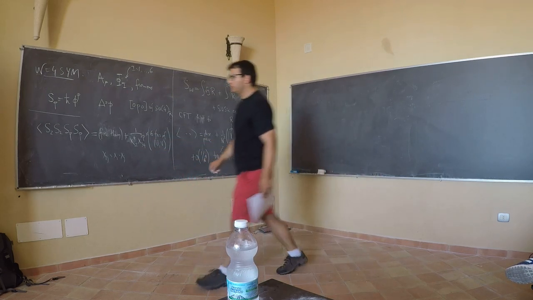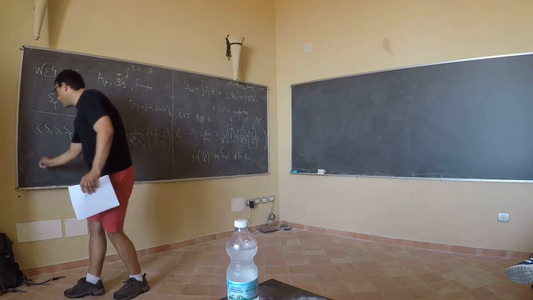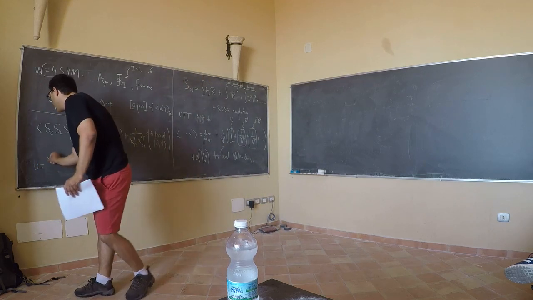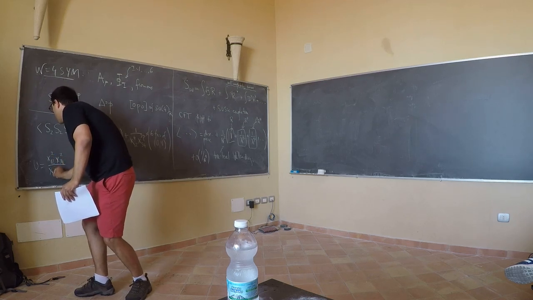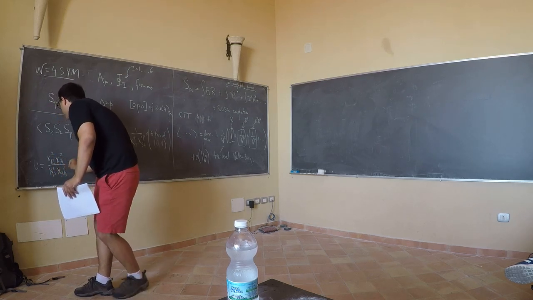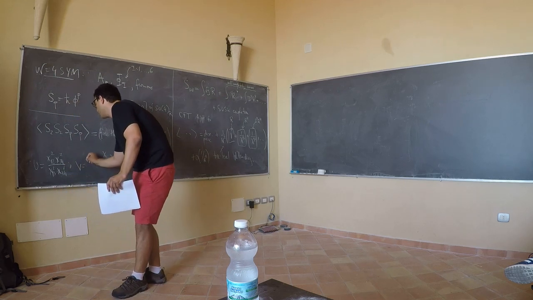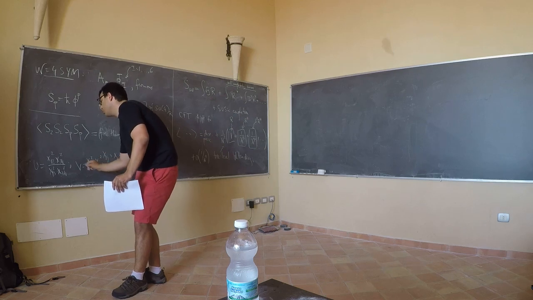So I'm going to denote these conformal cross ratios by capital U and capital V. U is x12 squared, x34 squared over x13 squared, x24 squared. And V is the same thing, but with 1 exchanged with 3.